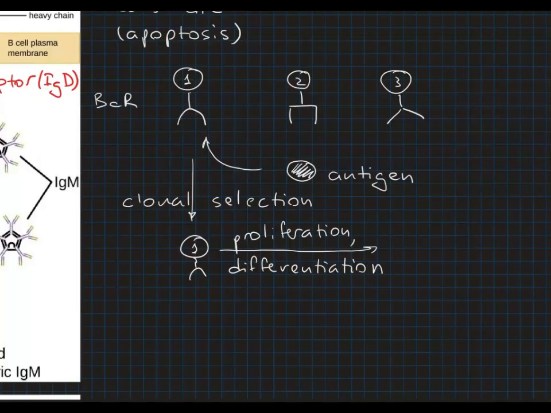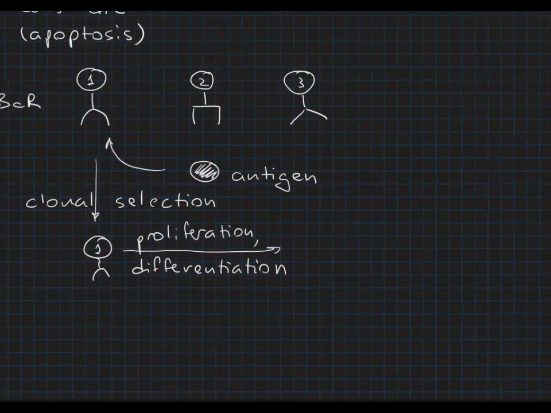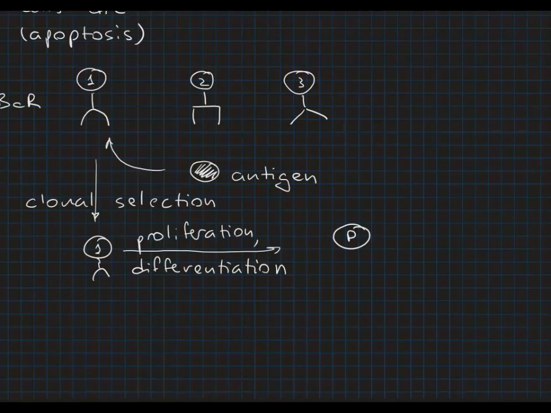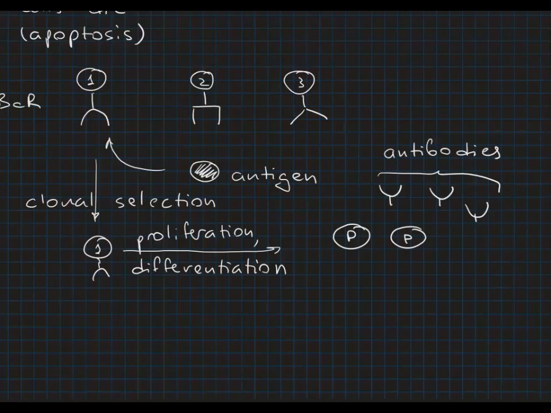Not quite different types, but, well, you can say that, yeah, they become more specialized. And two populations emerge. One of them, I'm going to put the letter P, that's plasma cell. Now, these plasma cells will produce a bunch of antibodies that will have the same specificity as the B cell receptor.